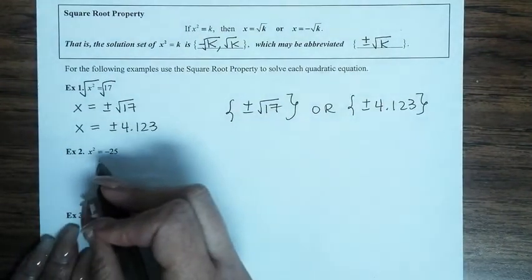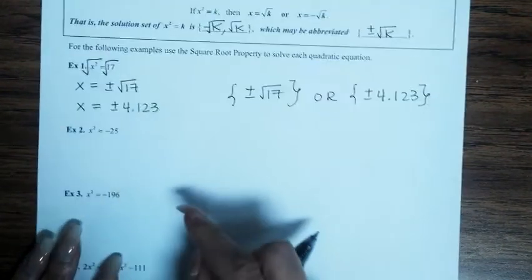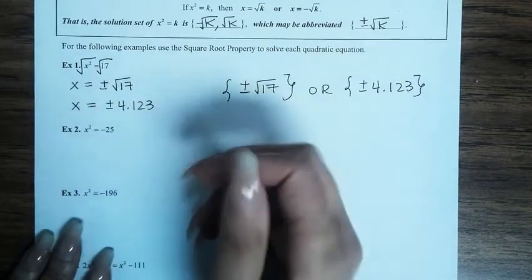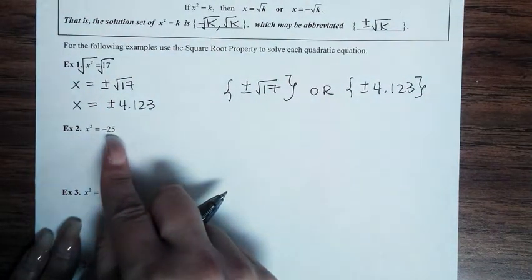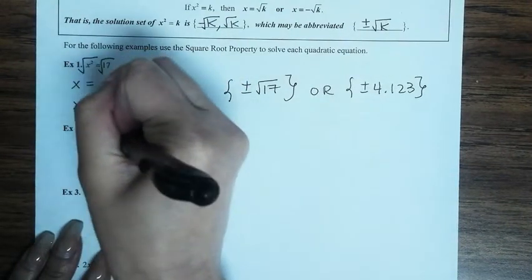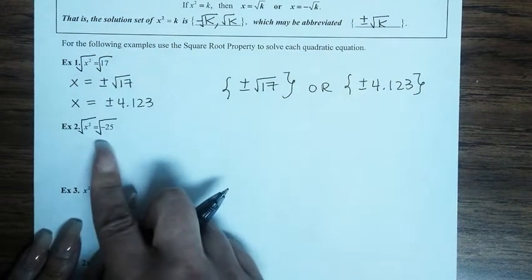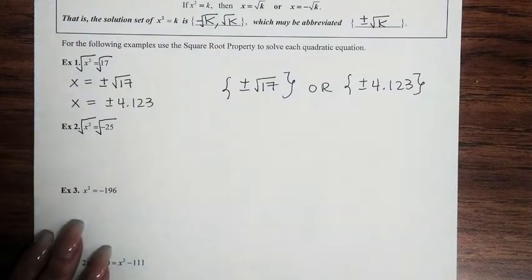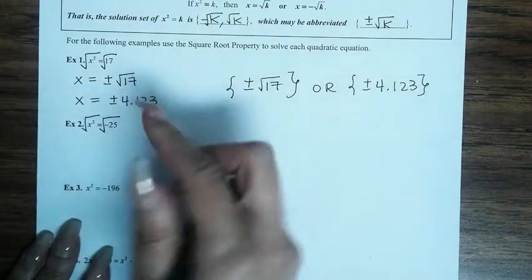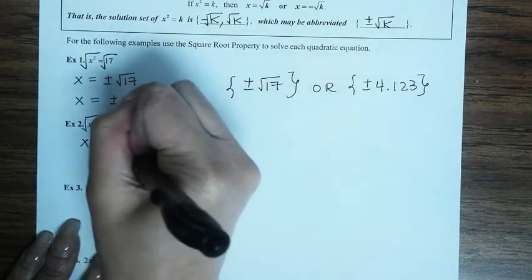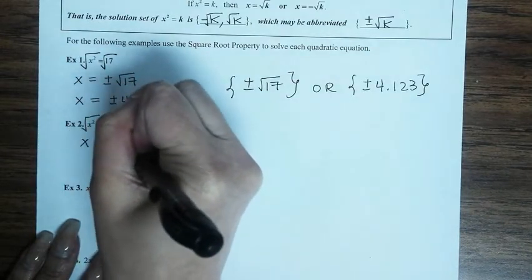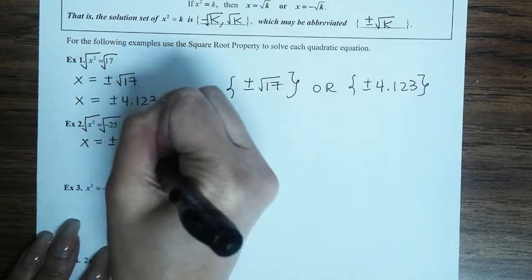Now let's move on to this one. This one is a little bit more interesting because you have x squared equals negative 25. So you take the square root of both sides, and you need to remember when we were talking about complex numbers. The square cancels with the square root, having x equal to plus or minus the square root of negative 25.